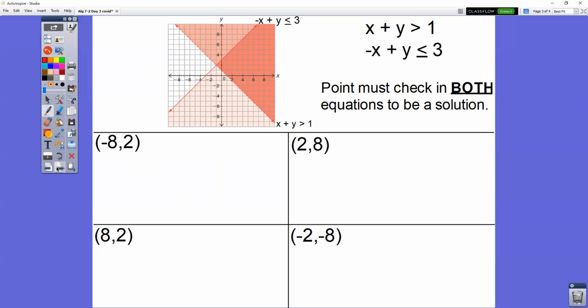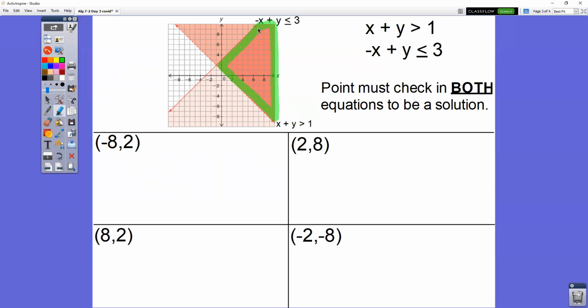You see the solid line for the second equation, we're shading below, and it gives you this double shaded area in the green there. That is our solutions. Those are going to be the ones that we get yeses for.